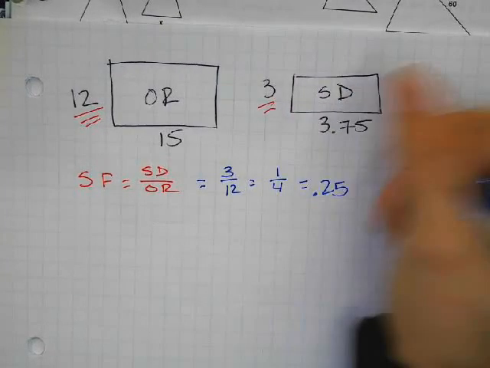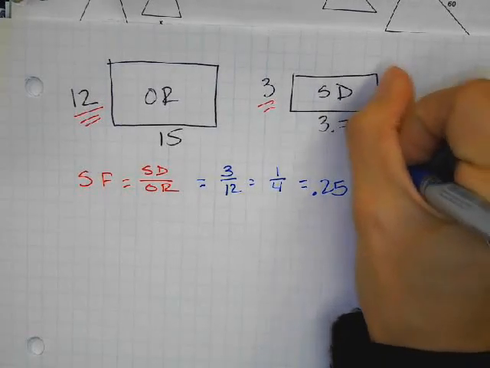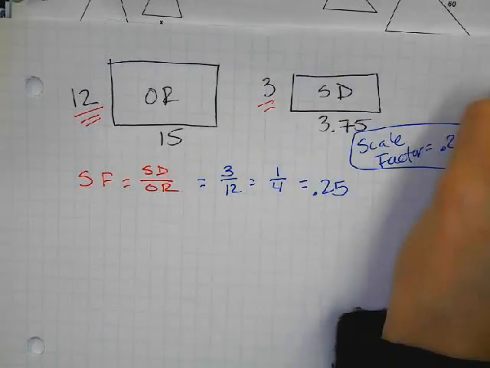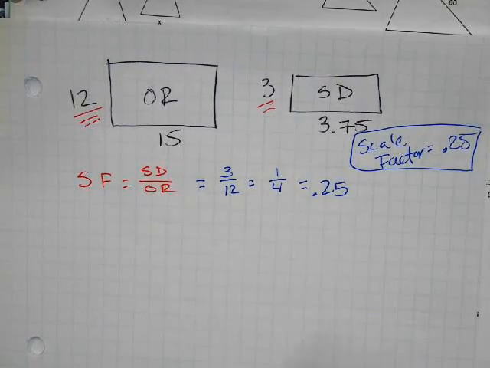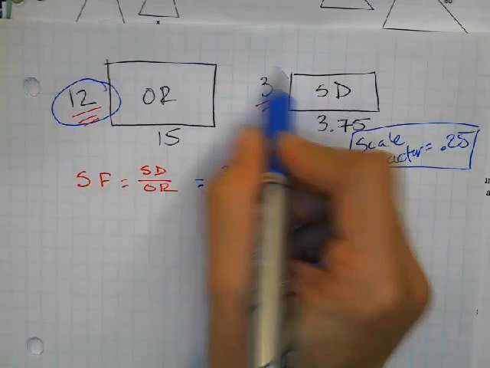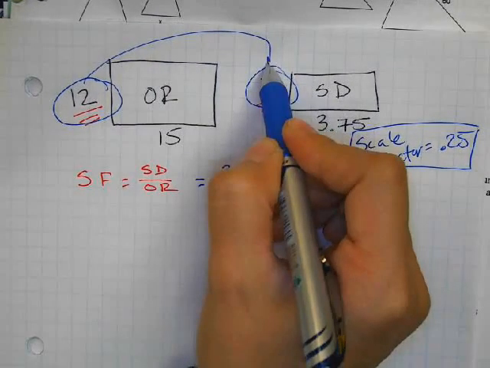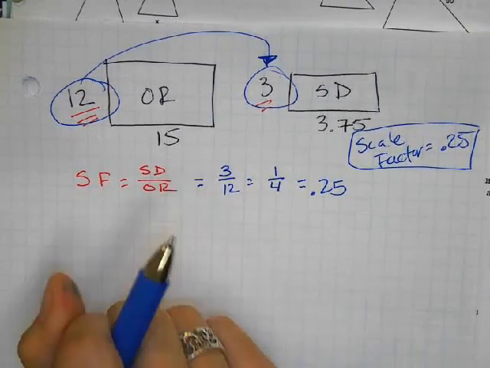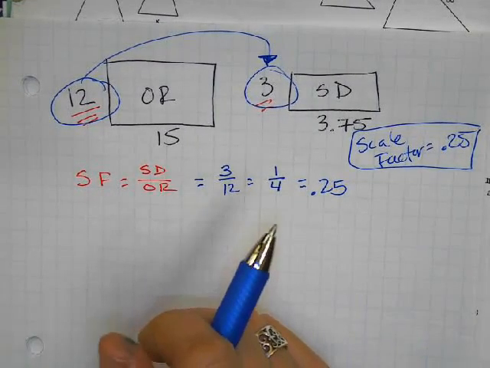So the scale factor is equal to 0.25. So when you ask yourself, how do I go from 12 to 3, and you don't see it, then you're going to have to do this. Got it?